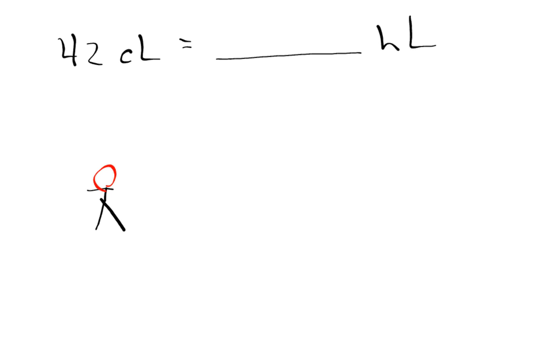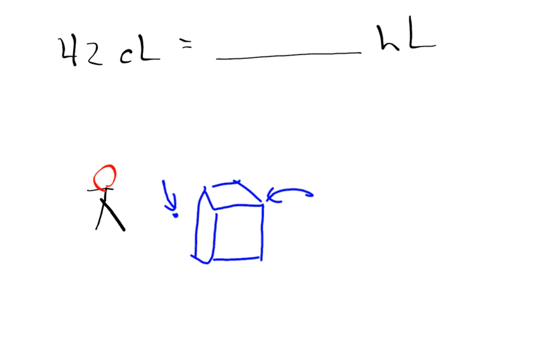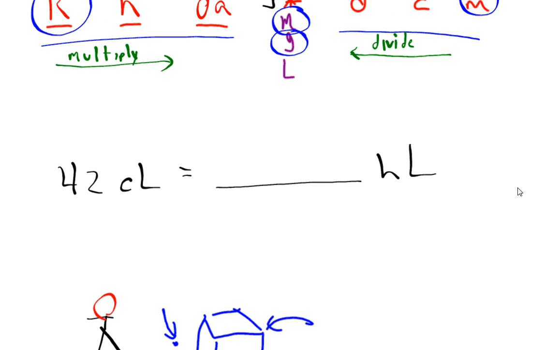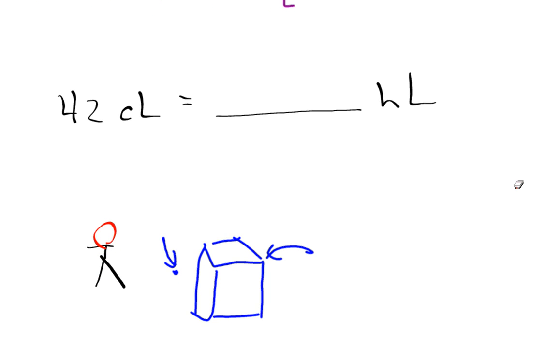All right, and a centiliter is going to look like that, and a hectoliter is going to look something like that. So if I have 42 of these, how many of these is that? All right, it's a good question. Is the number going to get bigger or smaller? It's going to get a lot smaller. All right. There's not 4,200 of these inside that. Don't tell me that.